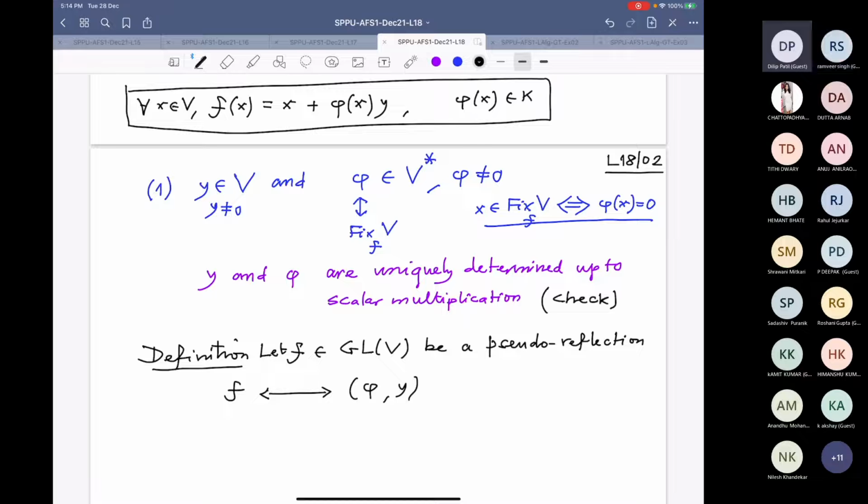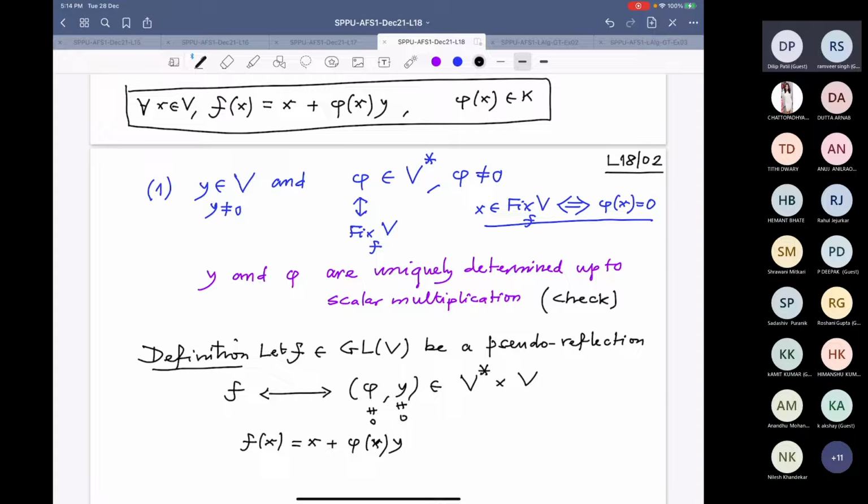This is the notation I am going to adopt. Given a pair in V star cross V, where phi is a non-zero linear form and y is also non-zero, I can get back my F, namely F of x equal to x plus phi(x) times y.